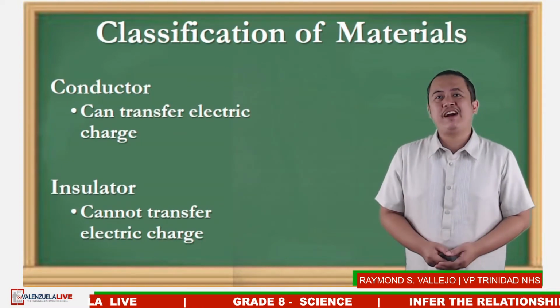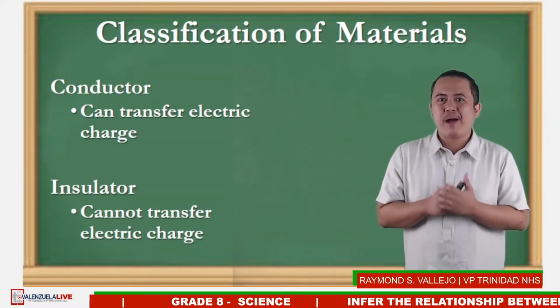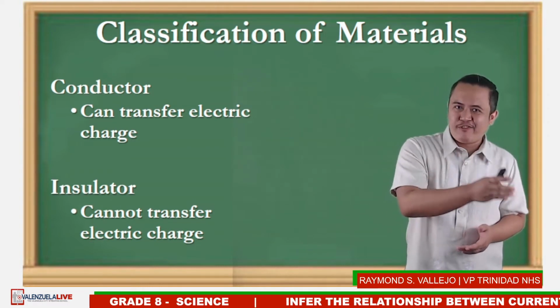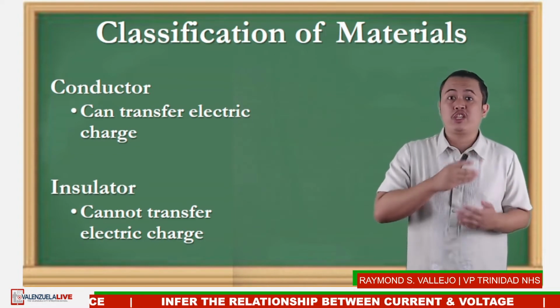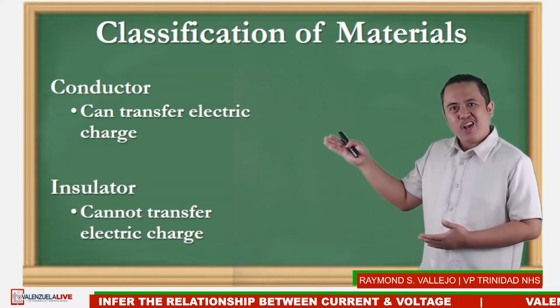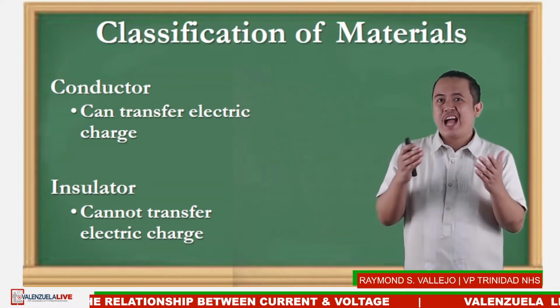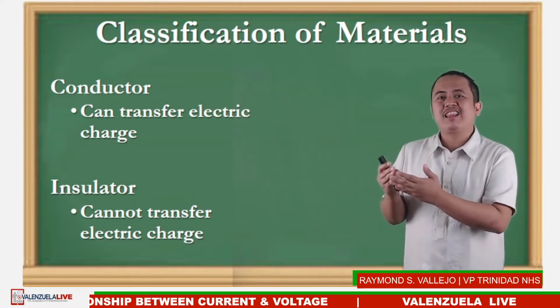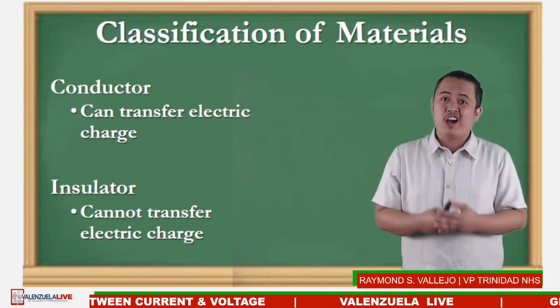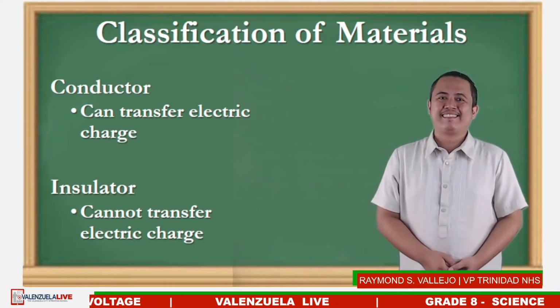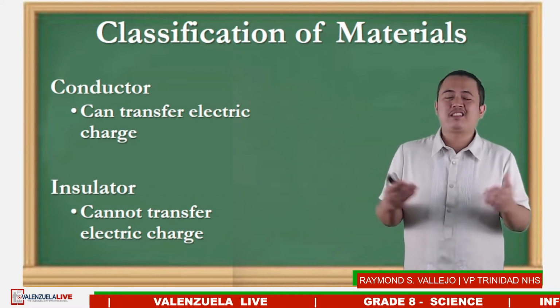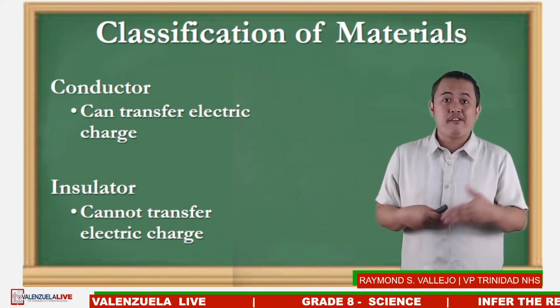We can classify materials based on their ability to transfer electric charge. A material that can transfer electric charge is called a conductor. On the other hand, a material that cannot transfer electric charge is called an insulator. Do you know any examples of conductors that are found in your home?